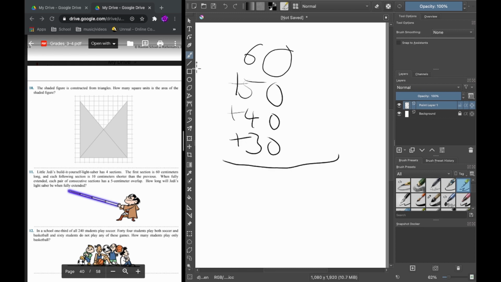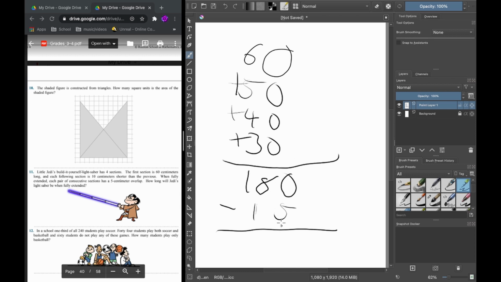So that's 100 plus 80, which is 180. So 180 would not be your answer. 180 minus 3 times 5, which is 15. 180 minus 15 would be your answer.